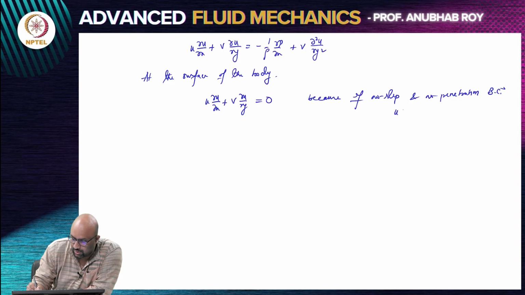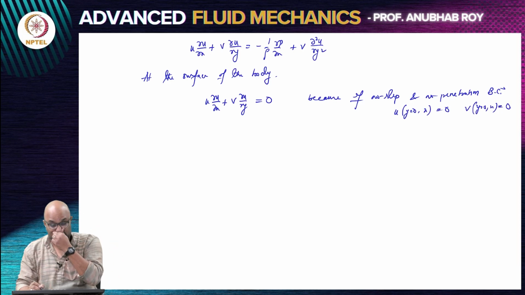So, u at y equals 0 for all values of x is equal to 0, and so v at y equals 0 for all values of x is also equal to 0.